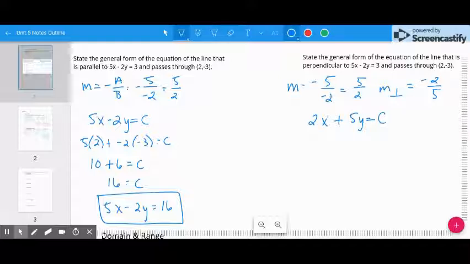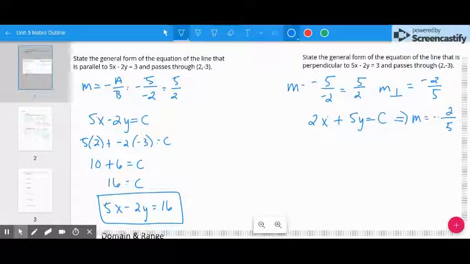Let's double check that line and make sure we understand what just happened. If I take the slope from here, we know it should equal -2/5. Slope from standard form is opposite of A over B, and there we have it. That does get us -2/5. So it gets a little weird there with the negative.